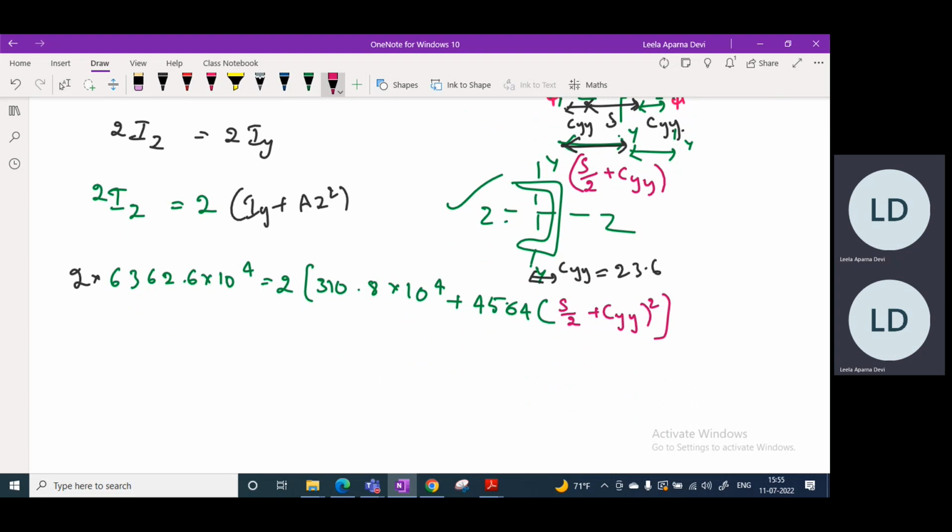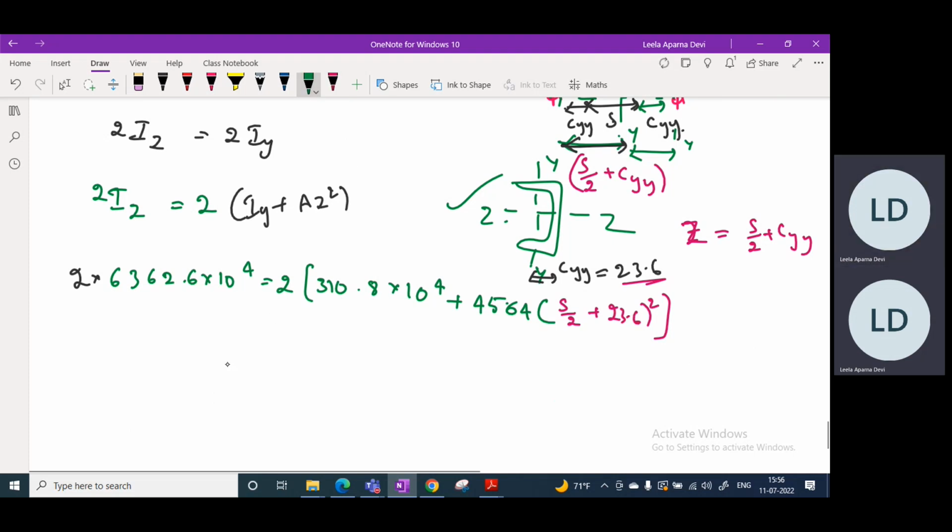If you calculate this from this equation, CYY also we know here, only unknown will be S. So from this we can calculate the S value. So Z will be equals to S by 2 plus CYY. So here I am placing the CYY value, which is 23.6.